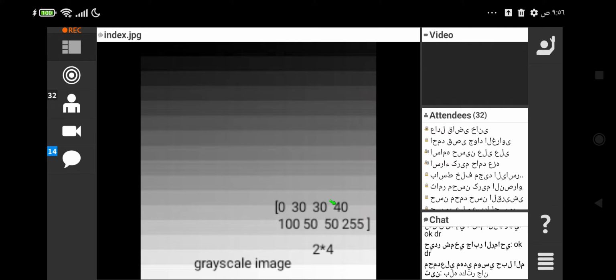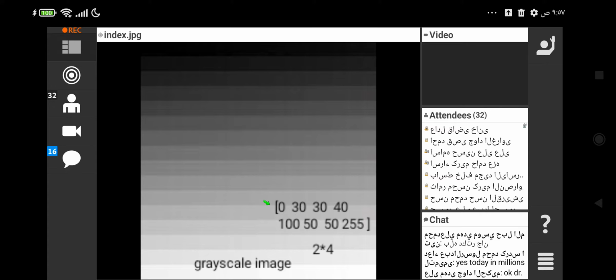So you have a very good image. Here is a very simple example, 8 pixels, but in real images, the resolution is very high.